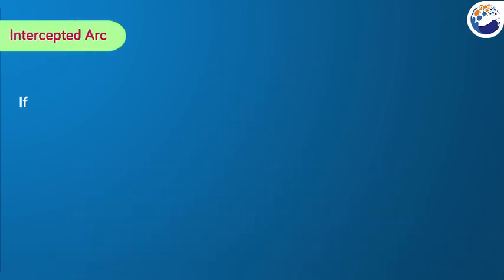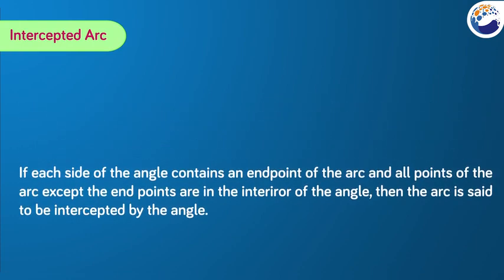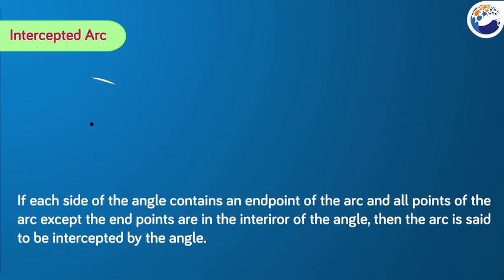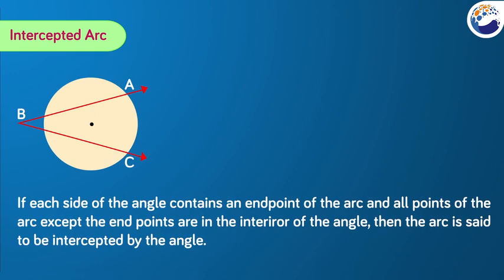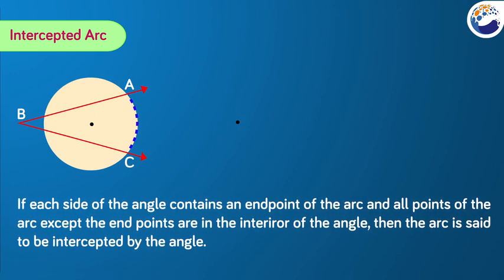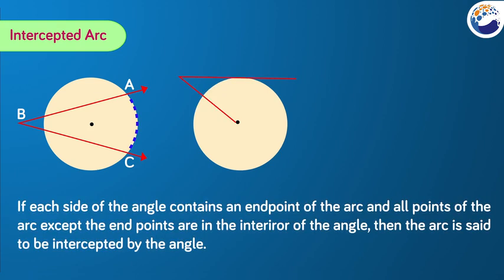Intercepted arc. Given an arc of the circle and an angle, if each side of the angle contains an endpoint of the arc and all points of the arc except the endpoints are in the interior of the angle, then the arc is said to be intercepted by the angle.